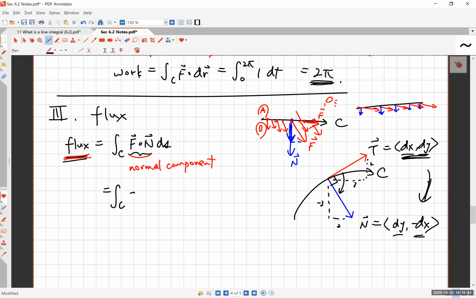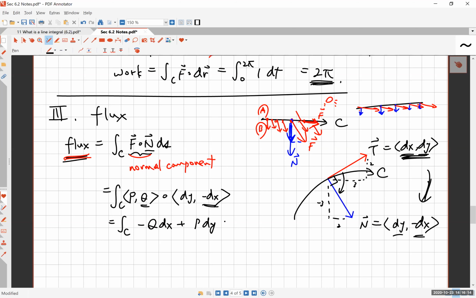Remember, this can be written as P, Q dot, okay, what's N? Well, T used to be dx, dy, but now N is dy, negative dx. All right, so that's what this is. You can rewrite this, and people use this notation: it's negative Q dx, because you have negative dx times Q, plus P dy.